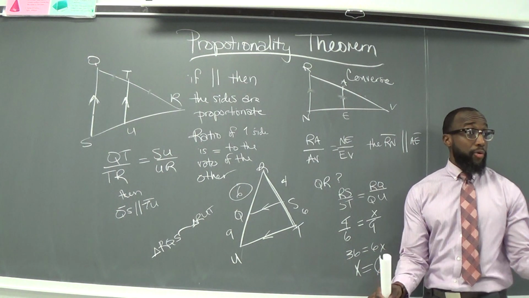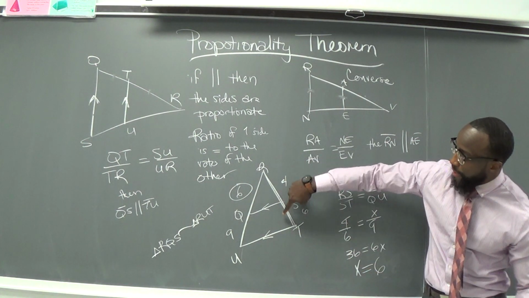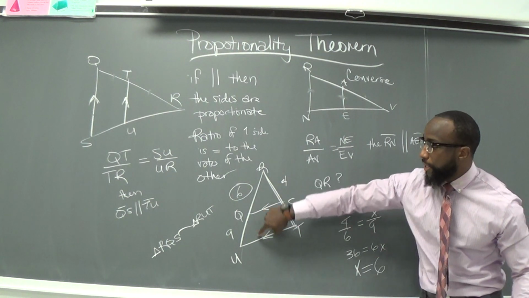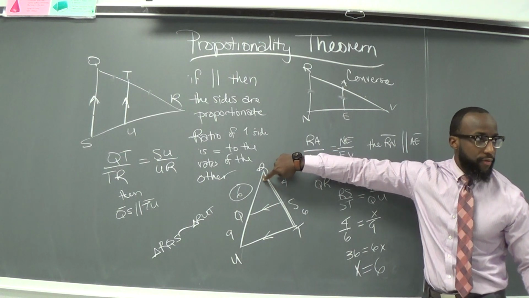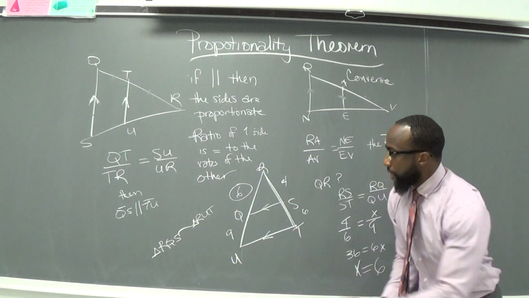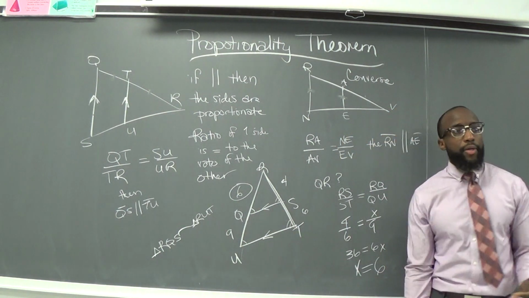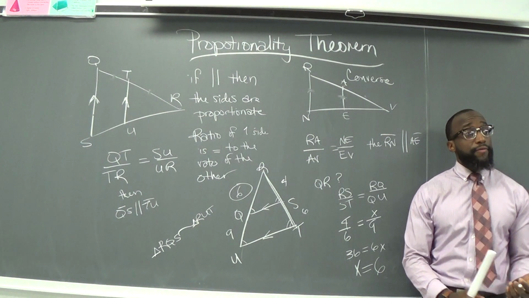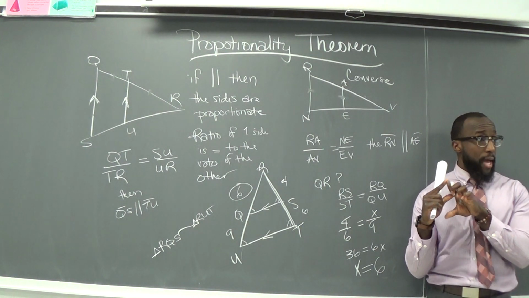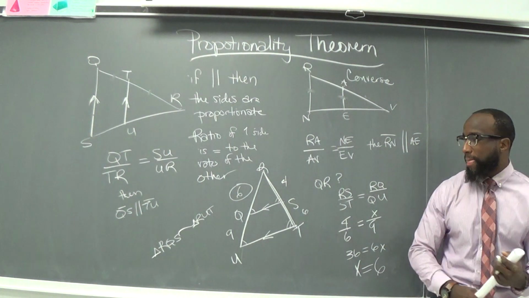To further prove that point, when we talk about parallel lines, we have corresponding angles, and then the reflexive angle at R. These are equal to each other. And a couple of days ago we said if two triangles have equal angles, then those triangles are similar. So we have all we need.